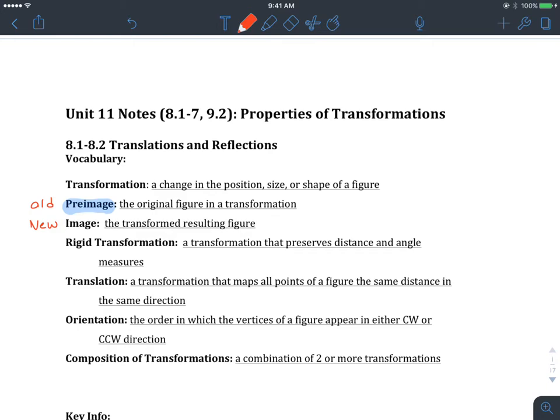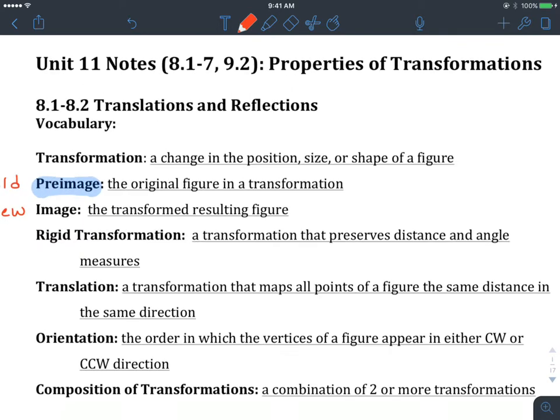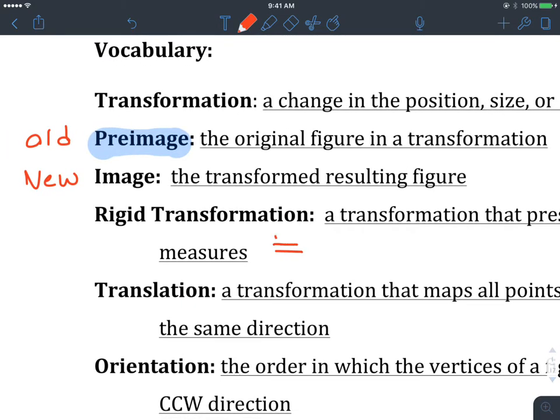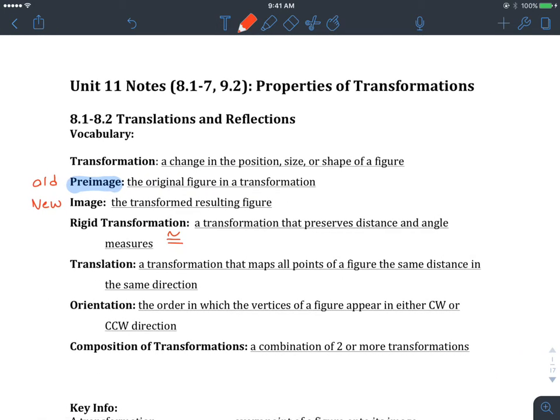A rigid transformation is a transformation that preserves distance and angle measures. So essentially what that means is it keeps your shape congruent right there. Now, as soon as you start messing with the scale factor and stuff, that's going to change your angles, or maybe not even your angles.